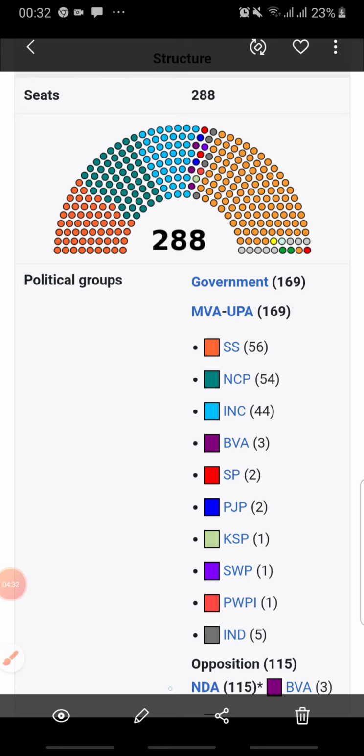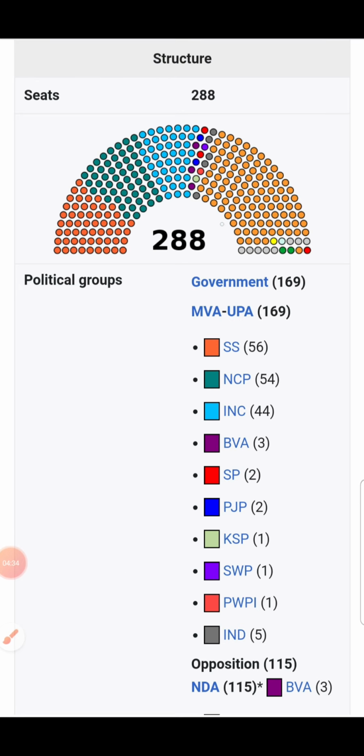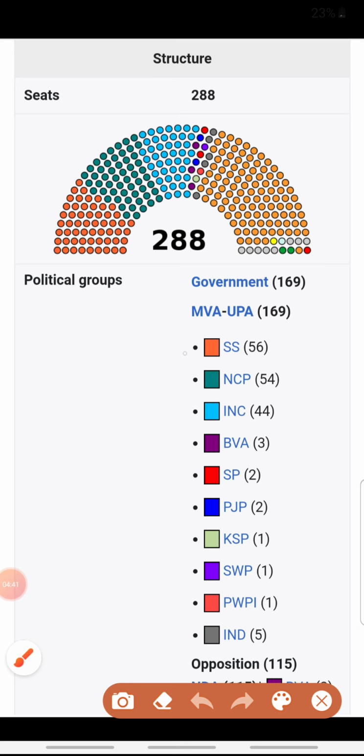See in the picture, you can see, children. Now here they are not forming the majority. These Shiv Sena and NCP and INC, Indian National Congress, they do not have that many seats.